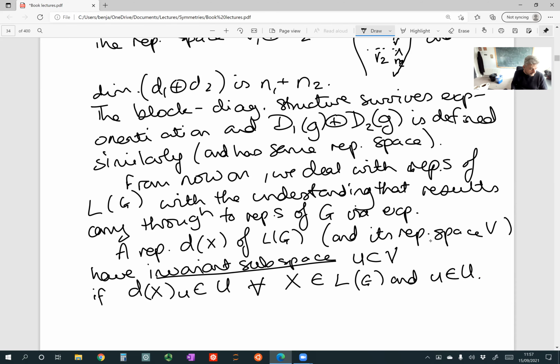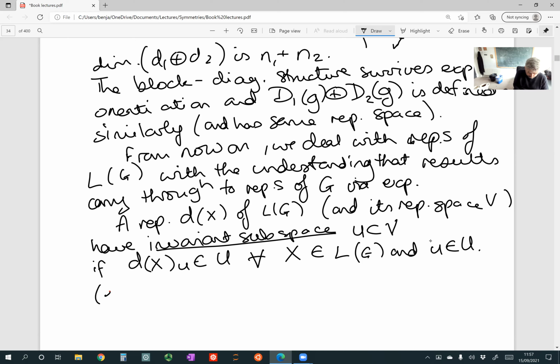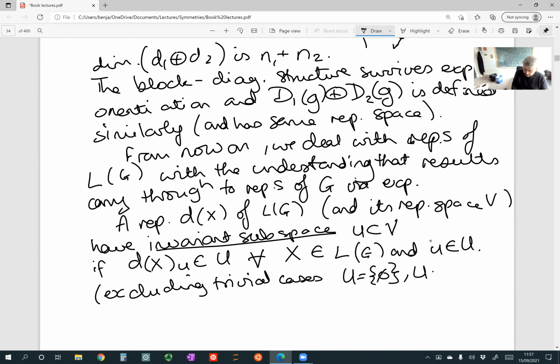Now, there are two trivial cases, and we're excluding those. One is when U is just the empty set, or the other is when it's equal to the representation space. Excluding those trivial cases, you can have an invariant subspace.